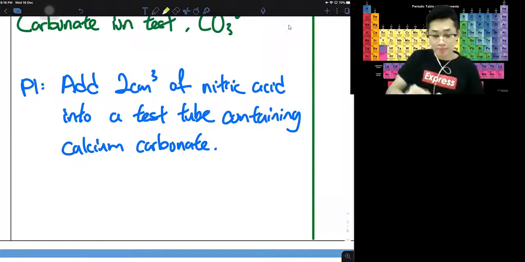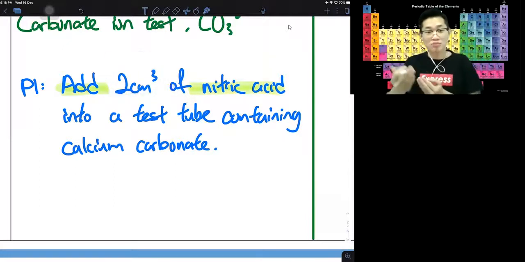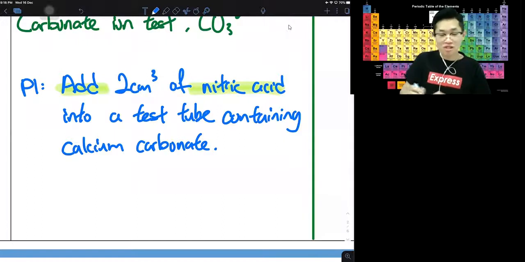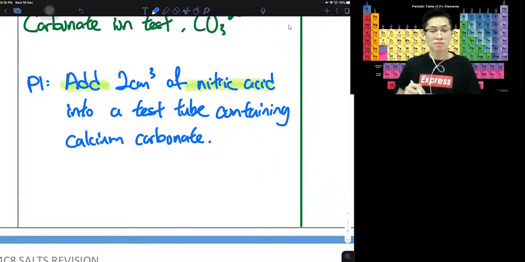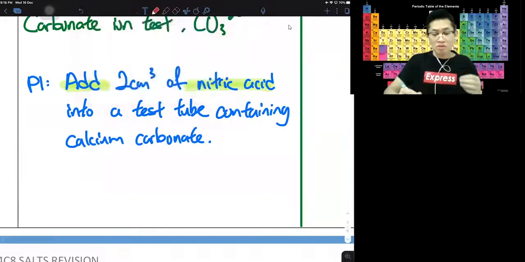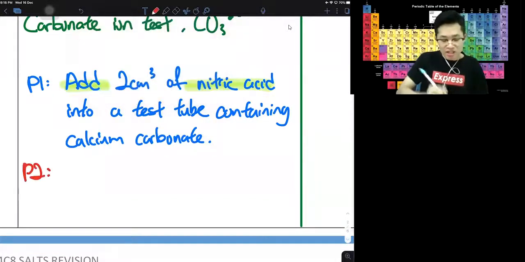One step, add acid 2 to 5 cm³, up to you, depending on the size of the test tube. So add 2 cm³ of nitric acid into a test tube containing calcium carbonate. Done. One step only. After one step, you should give me the observation already.